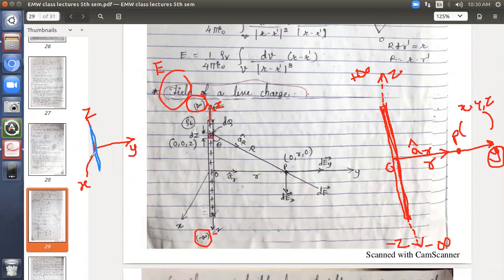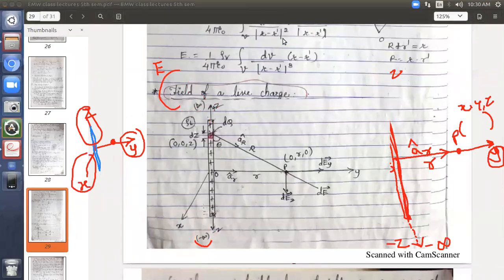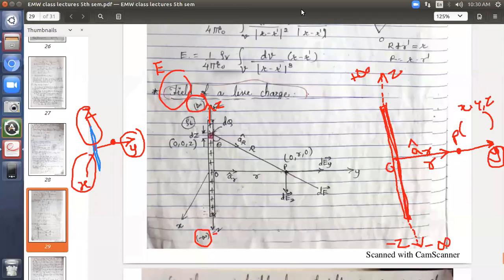X is actually this direction. Z is this direction and y is this direction. I have put a point P on y-axis. So what are the points? Somebody has answered. Let's see. X is equal to 0 and y is equal to r. Very good, Misbah. Y is equal to r.